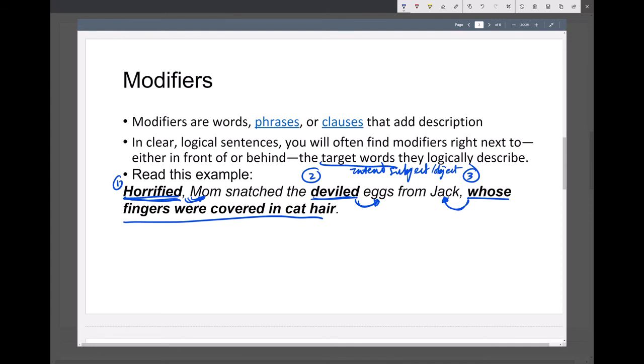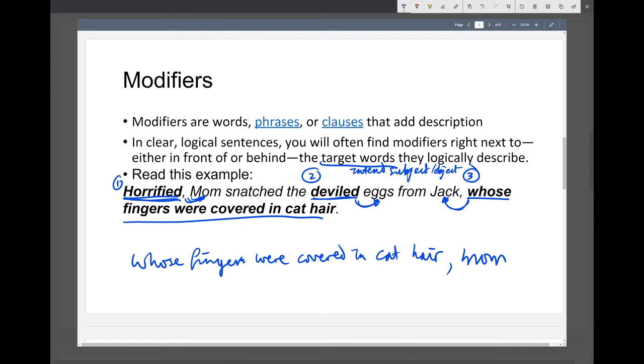So if you imagine, for example, we wrote this wrong, whose fingers were covered in cat hair. Mom snatched the horrified eggs from deviled Jack.